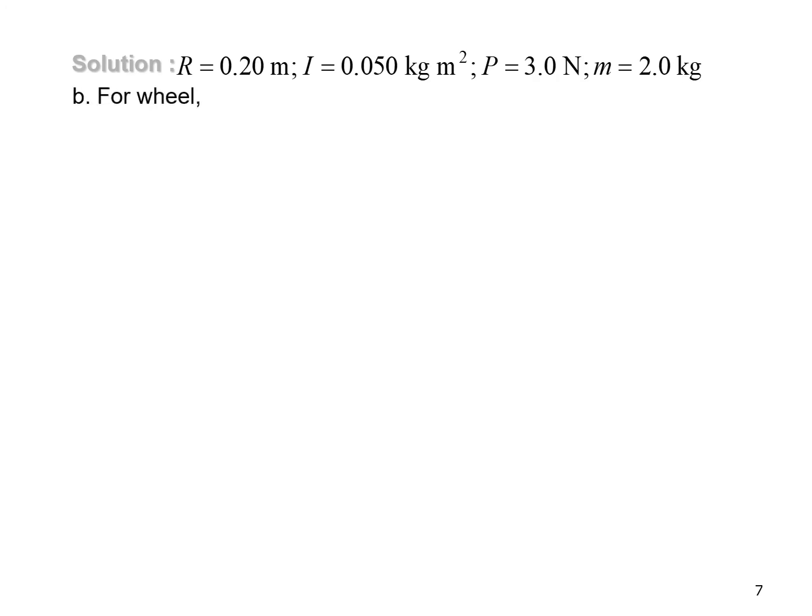Based on the information and also based on the free body diagram, we can form an equation. For the wheel that will be rotating, net torque will be equivalent to I times angular acceleration, and net torque will be equivalent to R times T.